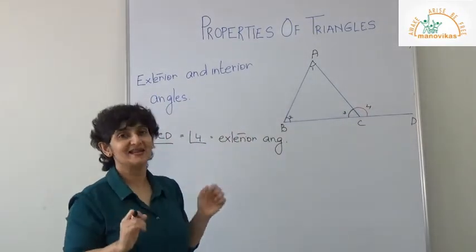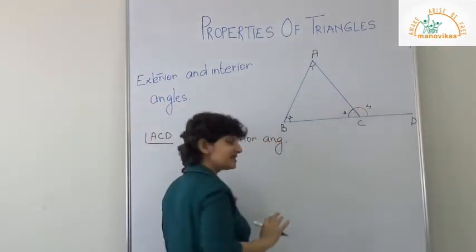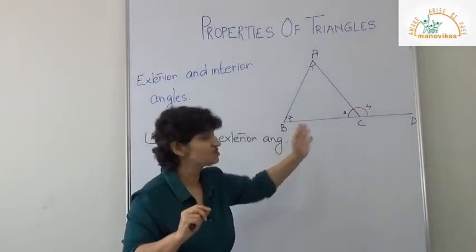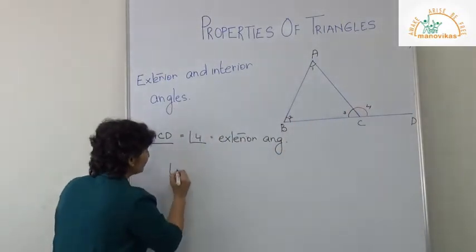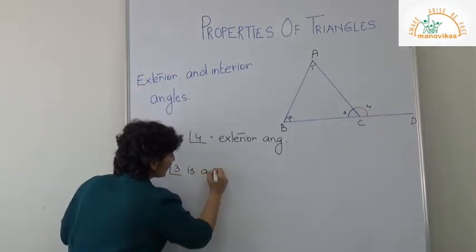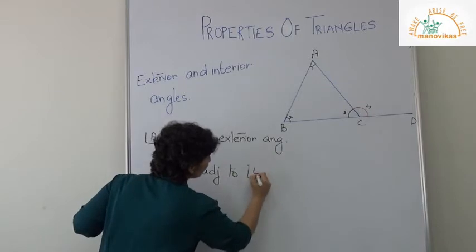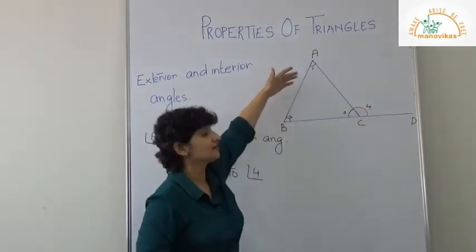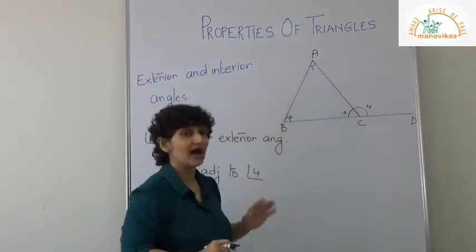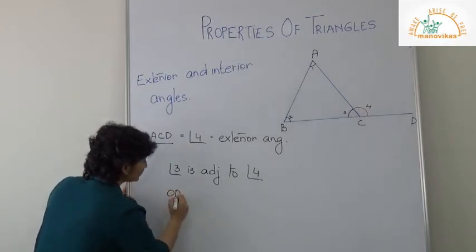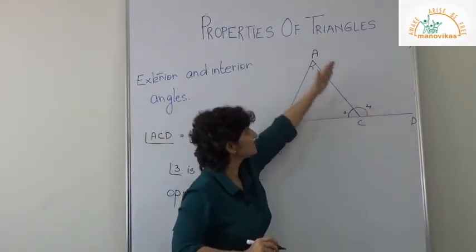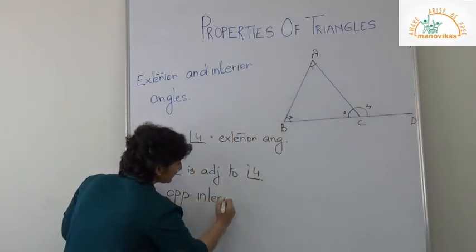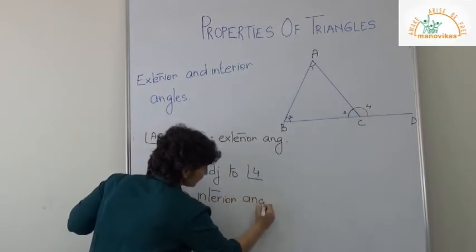But how do we relate these angles? Angle 4 is your exterior angle. The angle next to it is called the adjacent angle. Remember, angle 3 is adjacent to angle 4, because it is next to it. Then what do these other two angles become? These two angles are called opposite interior angles, because they are opposite to this exterior angle. Clear, children?